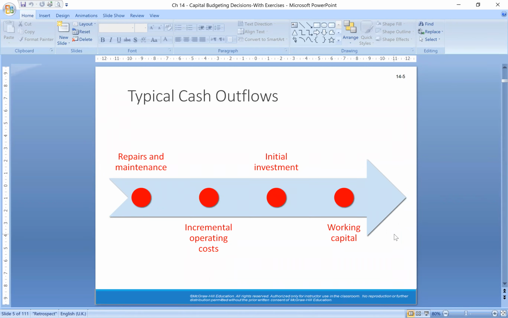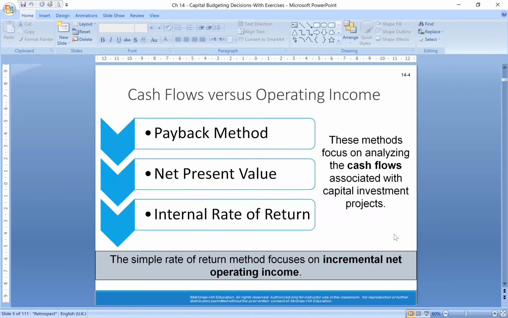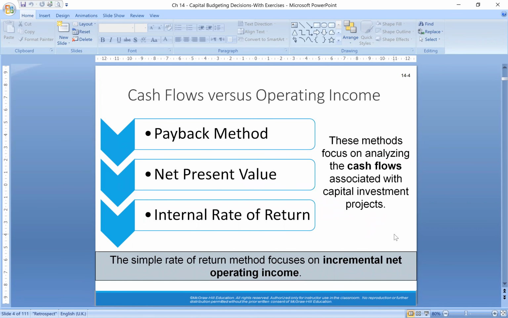One decision is talking about the payback period or payback method, the net present value, and the internal rate of return. These are methods of analyzing the cash flows associated with the capital investment project. The simple rate of return method focuses on incremental net operating income.